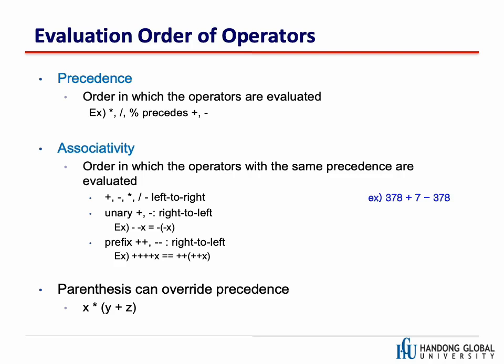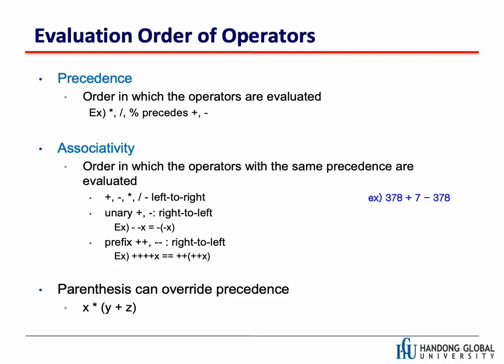The next one is associativity. This associativity describes the order in which the operators with the same precedence are evaluated. In this slide, I have one example, 378 plus 7 minus 378. Plus and minus have the same precedence.